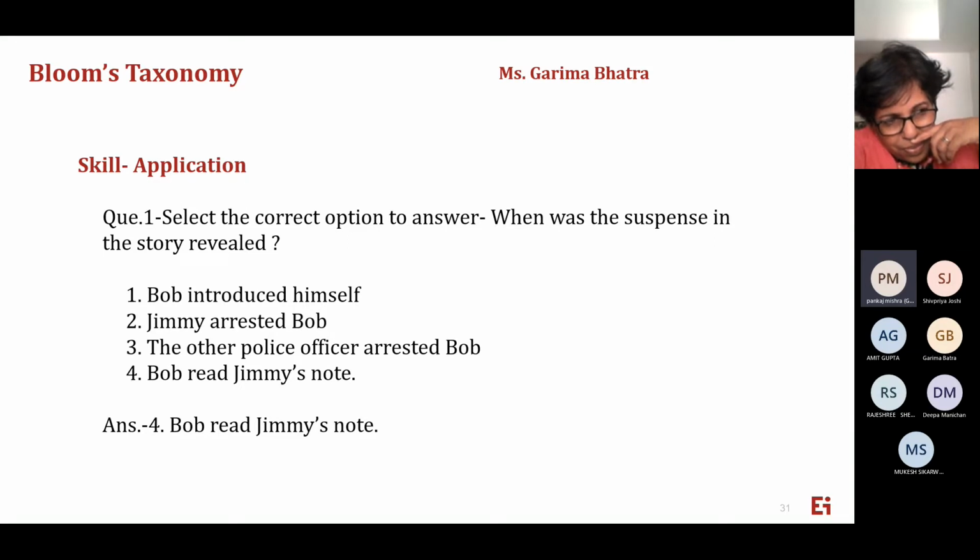Many questions are clearly factual, but this question is not a factual type. It can come in the factual, mechanical category only when the student knows the question and the exact answer previously, before going through the story. Thank you.